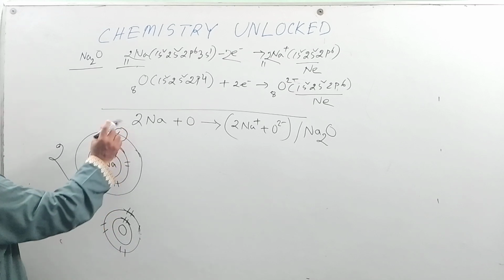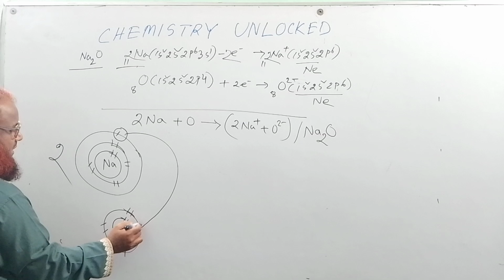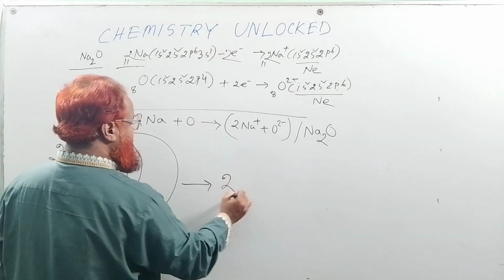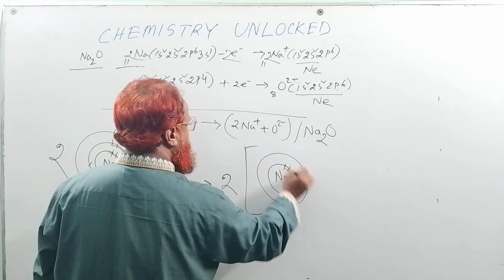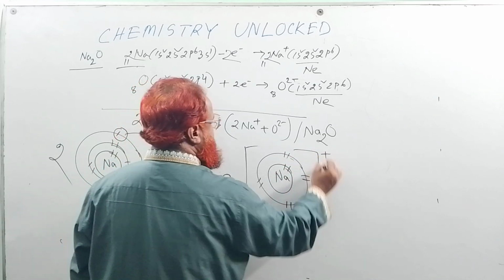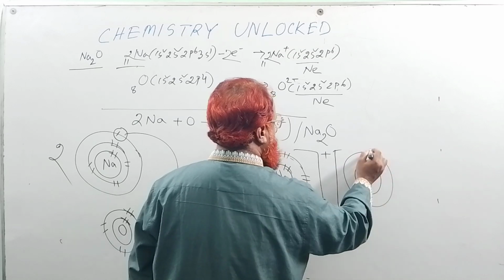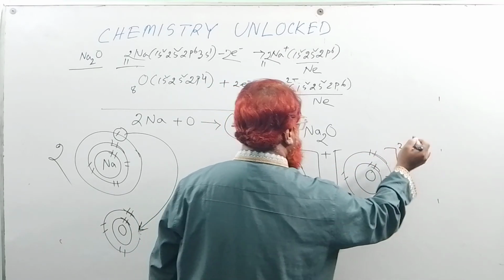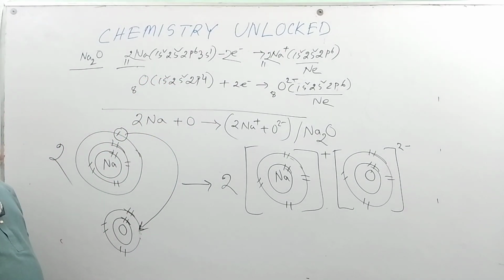Now 1 electron in the valency shell, from the 2 sodium, 2 electrons will come here, and it will be 2Na+, first orbit, second orbit, and it will be this cation and oxide 2, and here 8. It will be the anion. Okay. So this is the diagram of your sodium oxide.